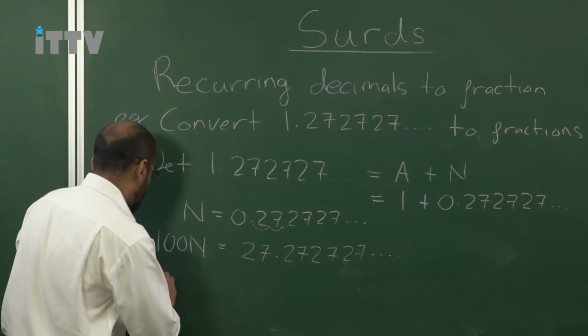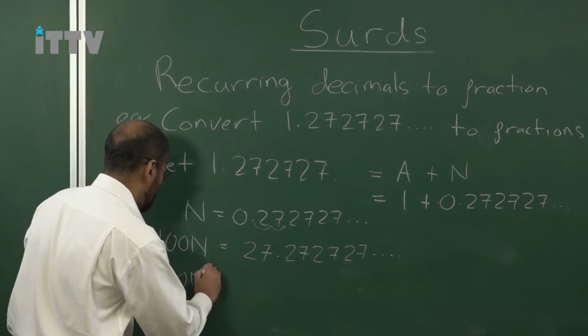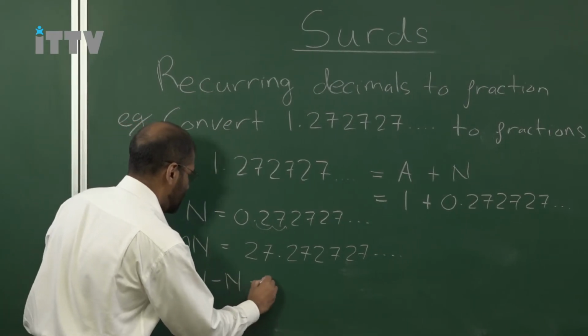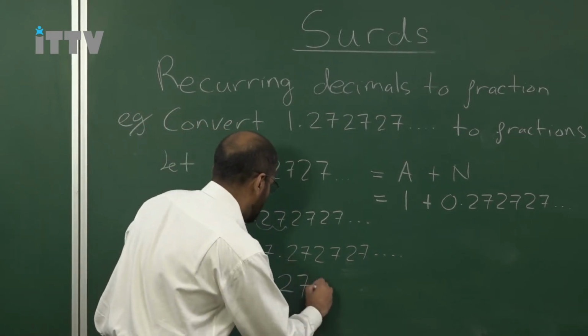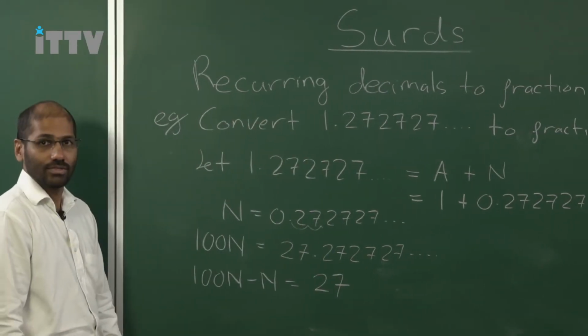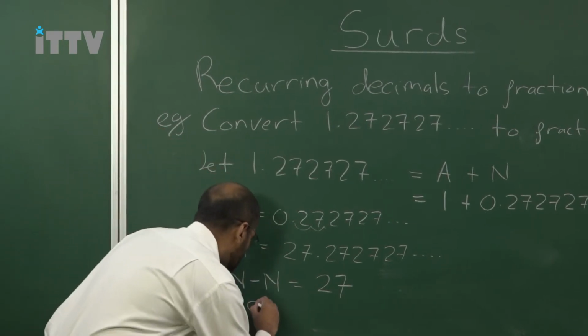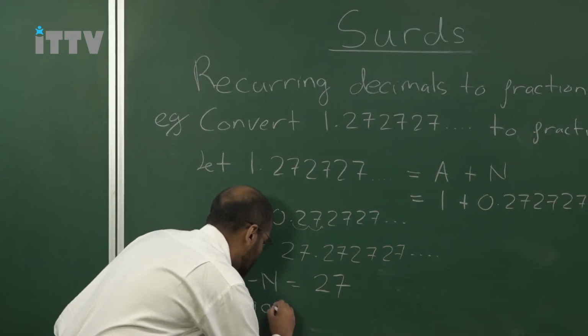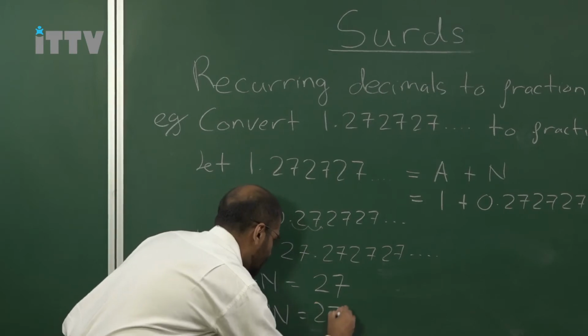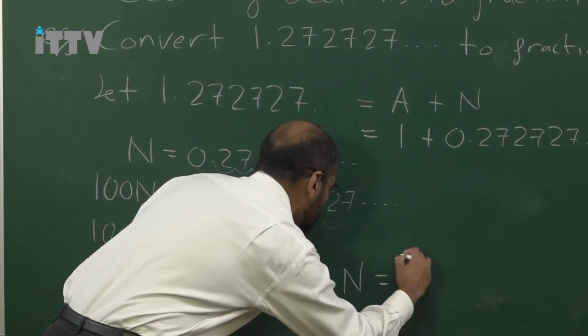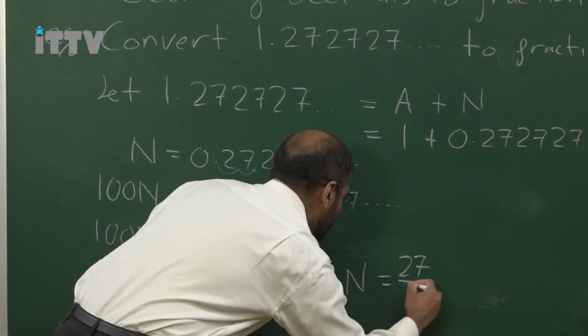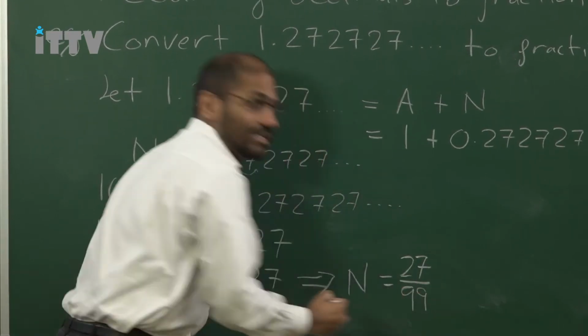If we now take 100n minus n, we would obtain 27. So we have over here 99n equals 27. We have over here n equals 27 over 99.